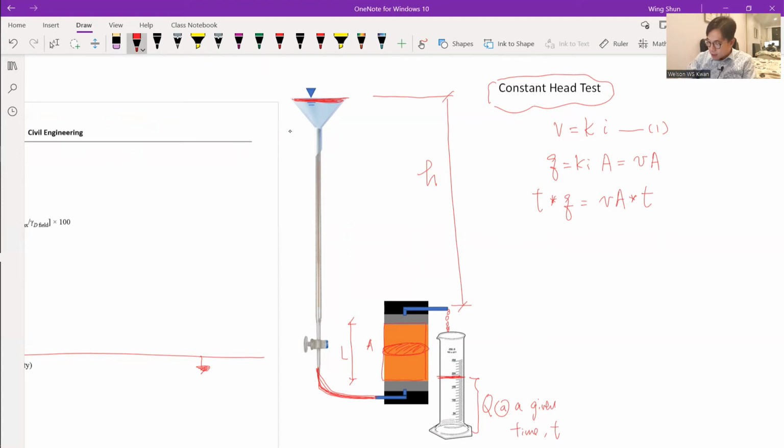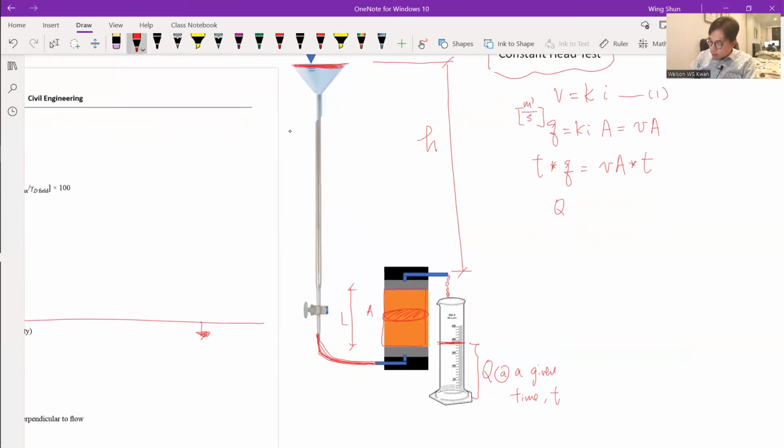Q has units of cubic meters per second, for example. If we multiply by seconds, the time dimension cancels out, and we get back the volume. The volume is what we can measure in the lab with a graduated cylinder. So with that, we have another formula using Darcy's law.